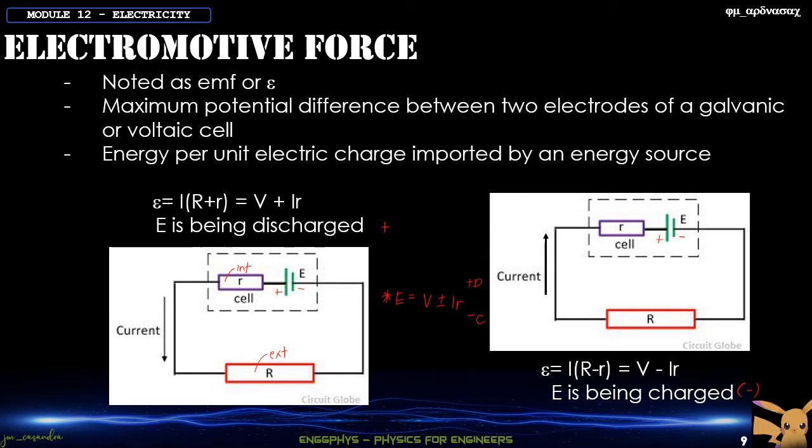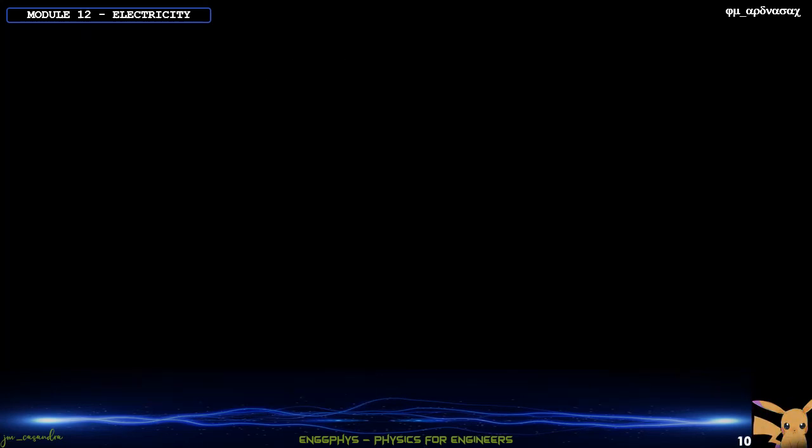It is negative, this is positive to negative. So, tandaan nyo lang kung saan papunta yung current, yun yung magiging sign ninyo. So, papuntang positive, kaya plus, ito, papuntang negative, kaya minus. Okay? So we have defined that current may also be computed with respect to the resistance and the voltage in a circuit or in a cell.